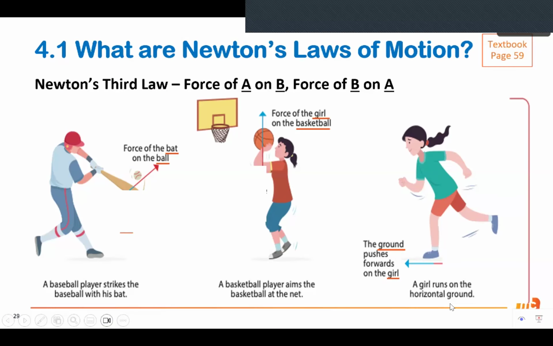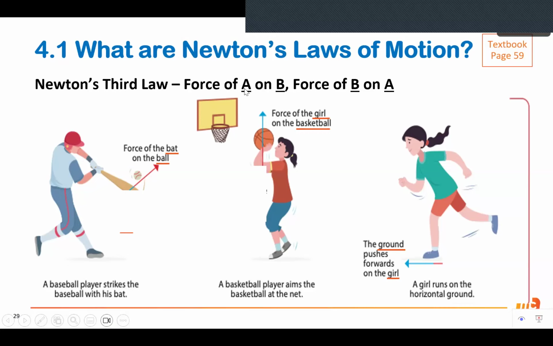Okay, let's move on. I'm going to give you a few examples of Newton's third law. Usually when we talk about Newton's third law, we say that forces always occur in a pair, and whenever we describe them, we always describe them as force of A on B. We need to identify the two objects or bodies that the forces are acting on.